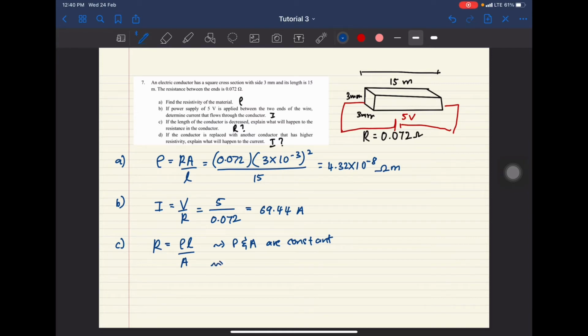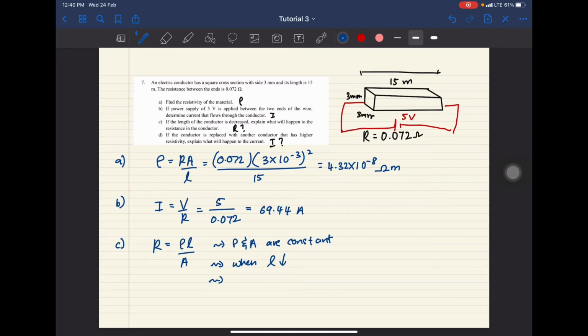So what will happen when the length is decreased? When L decrease, in exam make sure you write full sentence. Jangan tunjuk arrow tu, jangan tunjuk lah.